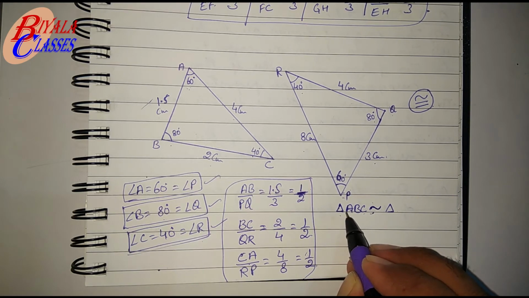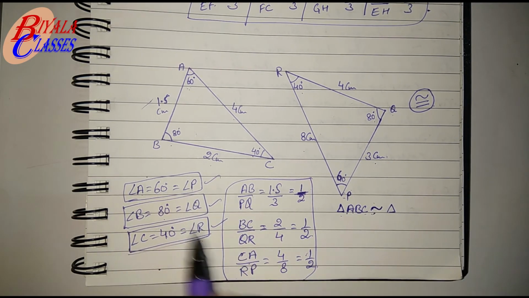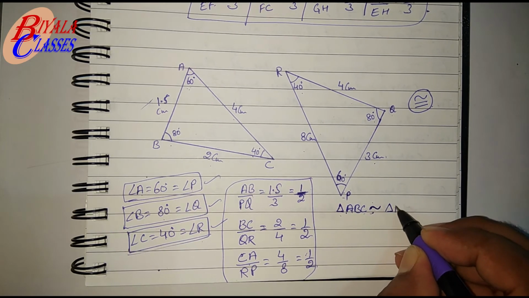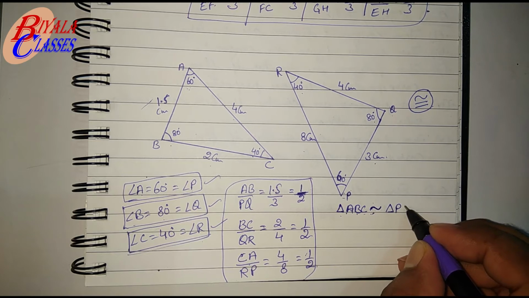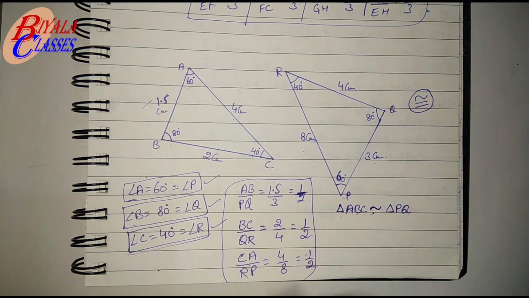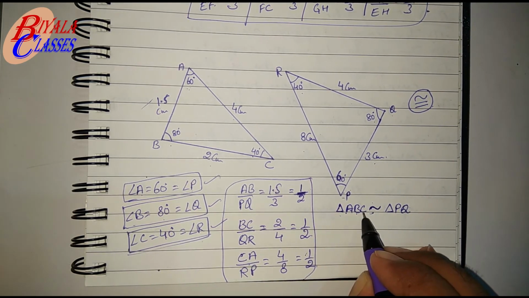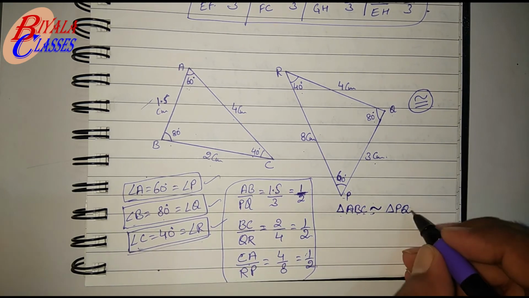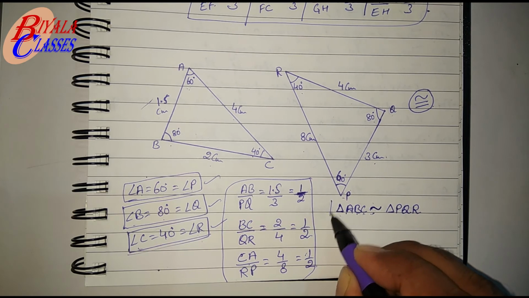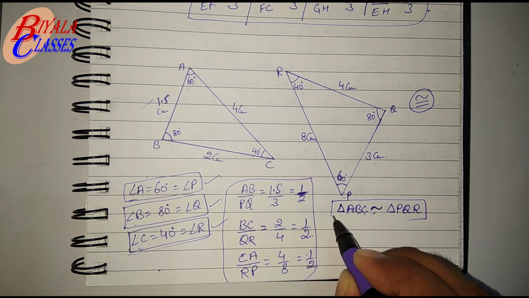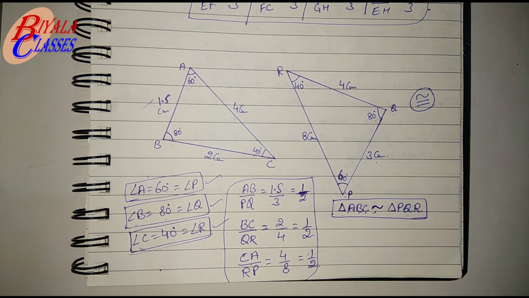Angle A is equal to angle P, so here you have P. Then angle B is equal to Q, so here you have Q. And the third vertex, angle C, is equal to angle R, so here you have R. So triangle ABC is similar to triangle PQR.